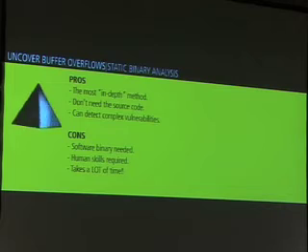You don't need the source code, but you need to know assembly very well. You can detect quite complex vulnerabilities because you have another abstraction, which is machine language. The drawbacks are you need the binary software, and most important, you need very good human skills, and of course, it takes a lot of time.